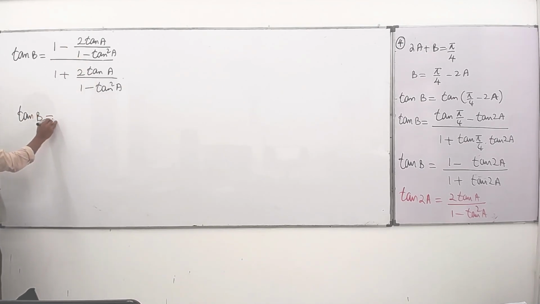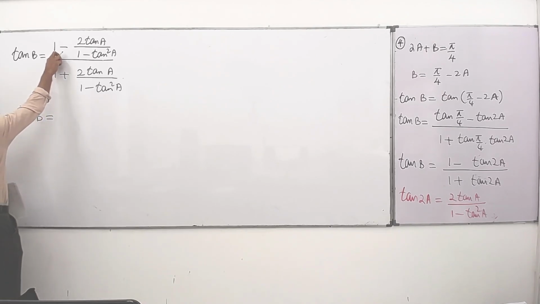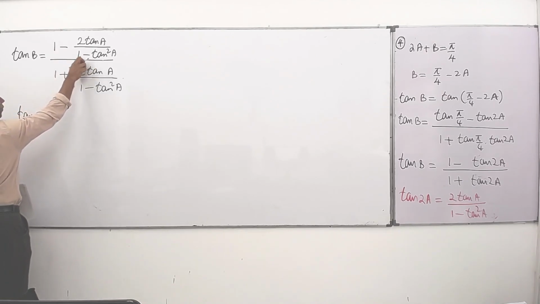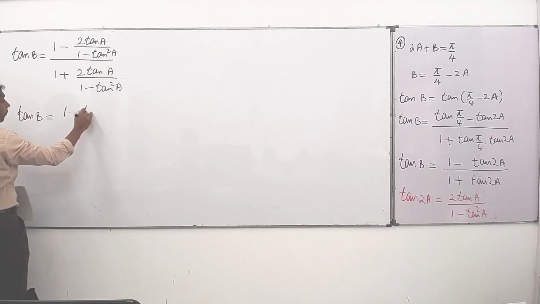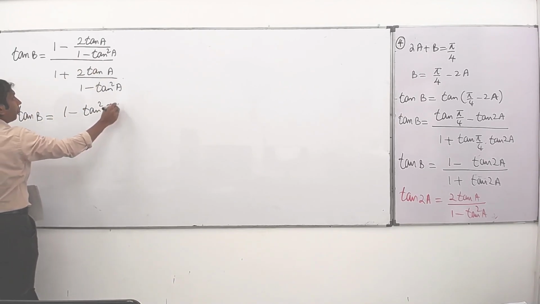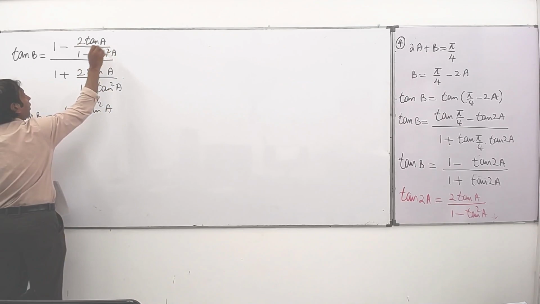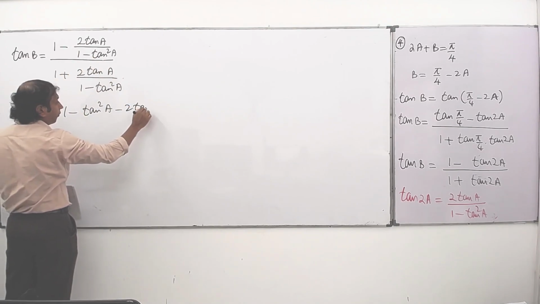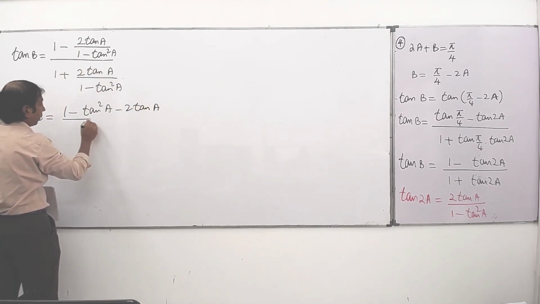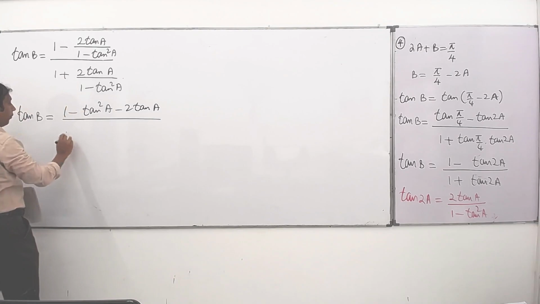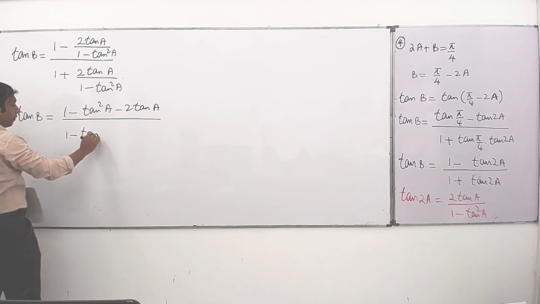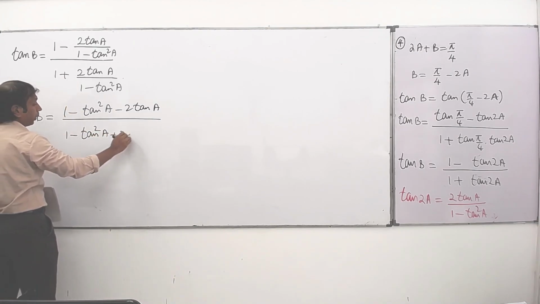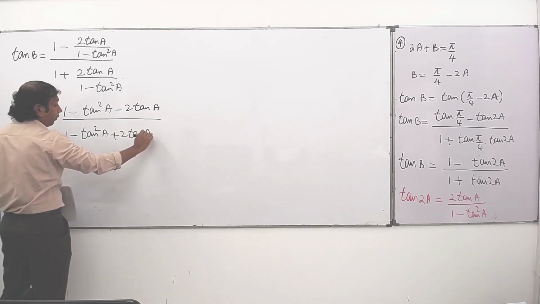Tan B. When you multiply this 1 by 1 minus tan squared A, we get the same 1 minus tan squared A there. When this whole term is multiplied by this one, this and that will cancel and give us minus 2 tan A, divided by here 1 minus tan squared A plus 2 tan A. We get this way.